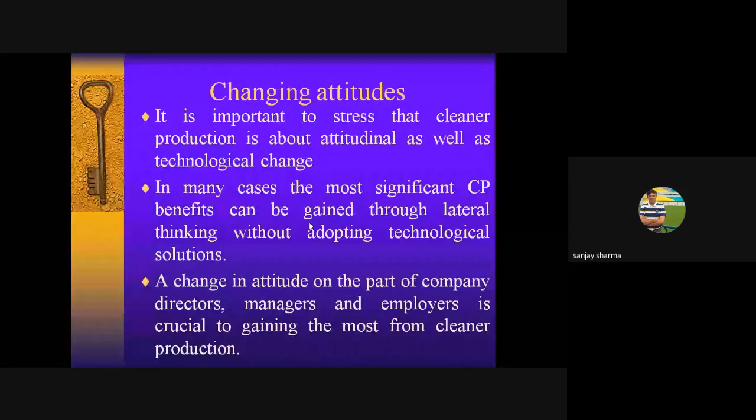First they served this drink as a welcome drink; afterward they started charging for it also. So, without spending anything, they were able to control their water pollution. That is what we mean by changing attitude. Change in attitude on the part of company directors, managers, or employees is crucial to getting the most from cleaner production.